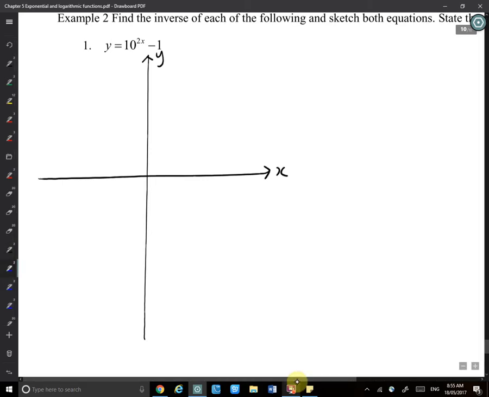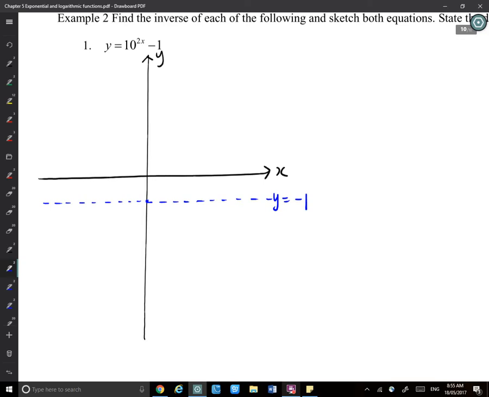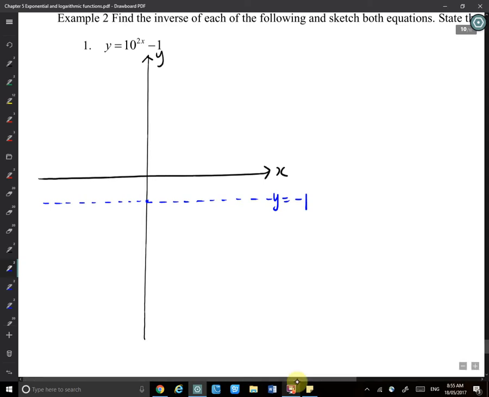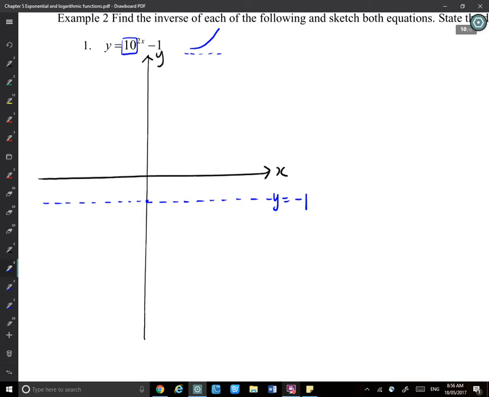We have y equals -1 as the asymptote. And we have to think about the shape of this graph. The base is greater than 1, so you will have an increasing graph. There's no reflection in the y-axis and no reflection in the x-axis, therefore the graph just looks like that.